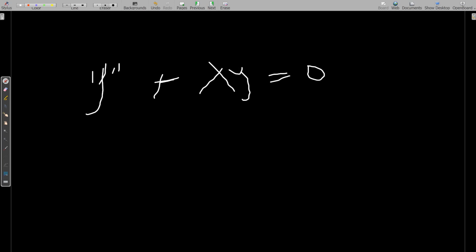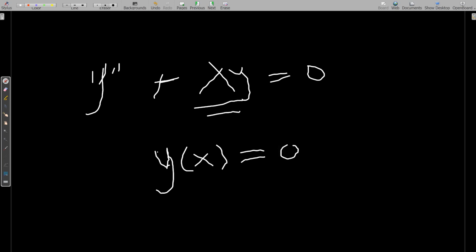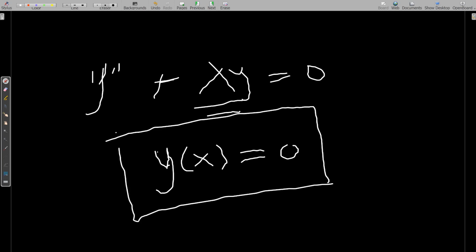Now what this means is that the eigenvalues for this function are the values of lambda for which, when I substitute here, I will not get the trivial solution. We assume that this is a function of x, so y of x is equal to 0 is the trivial solution. This is actually a solution to all differential equations, including this second order ODE. But we don't want this because it is trivially known.